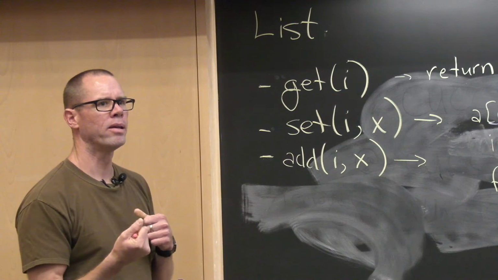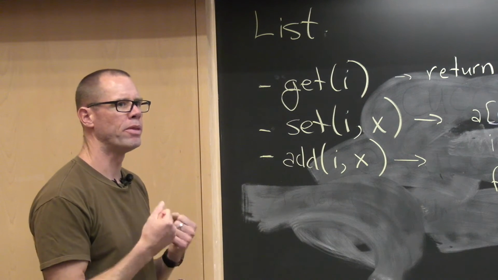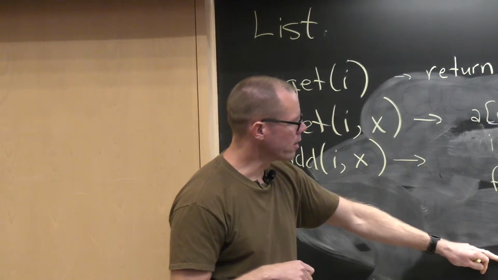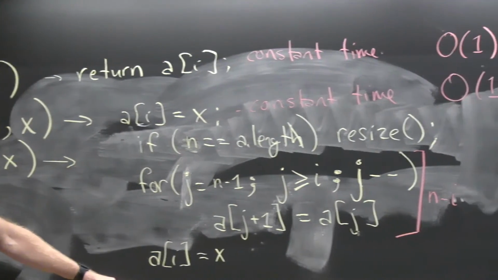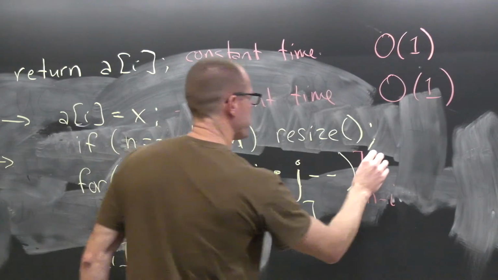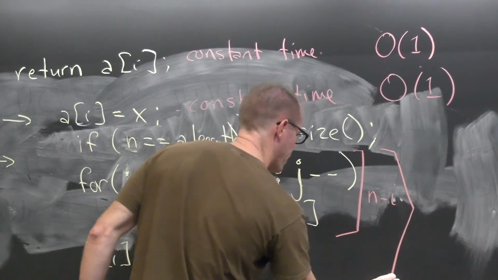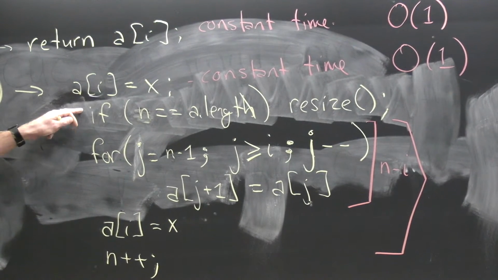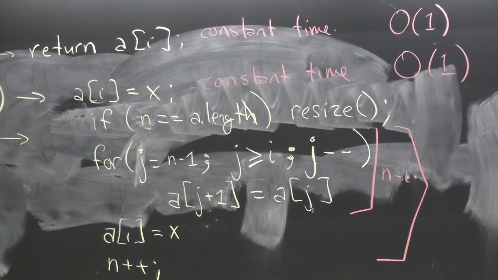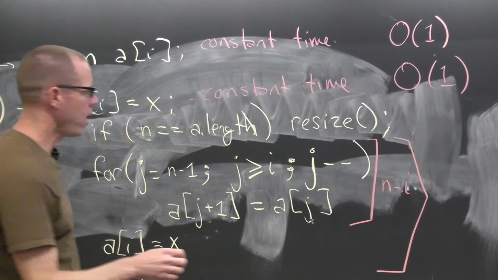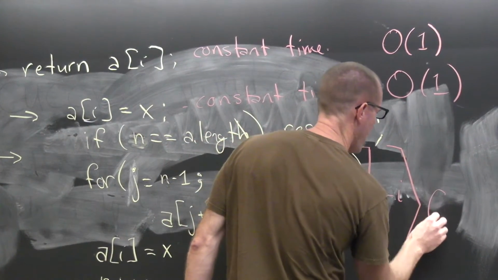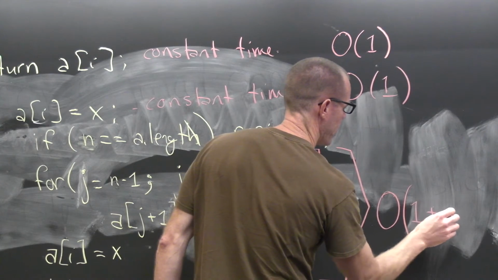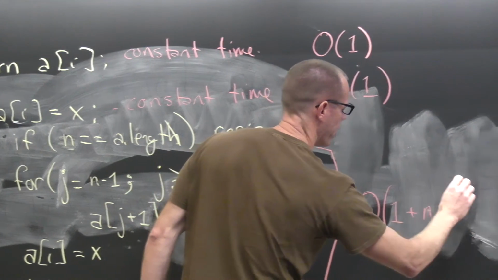Not n by itself and not i by itself, but the difference between those two things. Okay? And then this takes constant time, and then this takes constant time. So if I'm just worried about this stuff, I'll ignore resize right now because I don't have a choice. I don't even know how resize works yet, so I won't try and tell you how long that takes. Then the way we will write that is we'll say it takes O of 1 plus n minus i time.